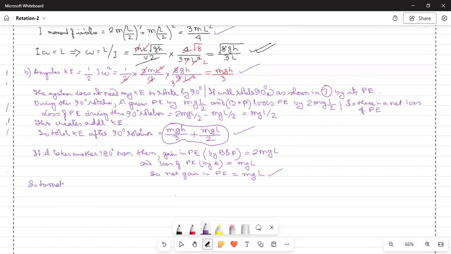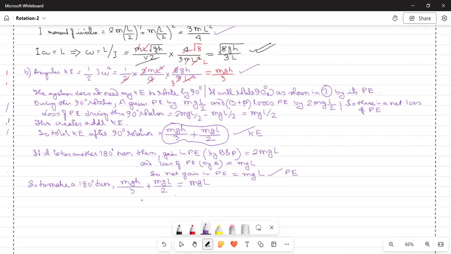To make a 180-degree turn, these two will be the same. That means mgh by 3 plus mgl by 2 will be equal to the potential energy mgl. This was the kinetic energy, and this is the potential energy required.